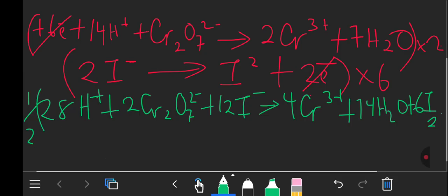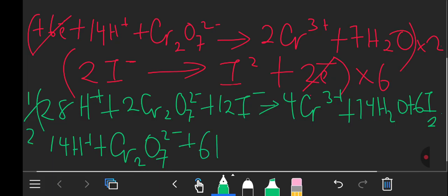So basically what you're going to have is that half multiplied by 28 will give you 14 hydrogen, plus half multiplied by dichromate, we're going to have dichromate without any stoichiometric coefficient. Then half multiplied by 12 iodide, you're simply going to have 6 iodide.